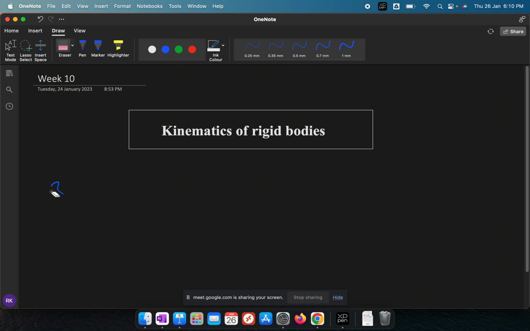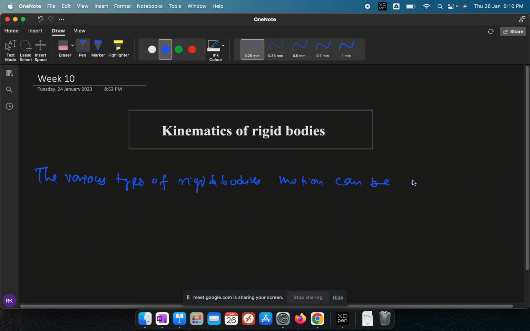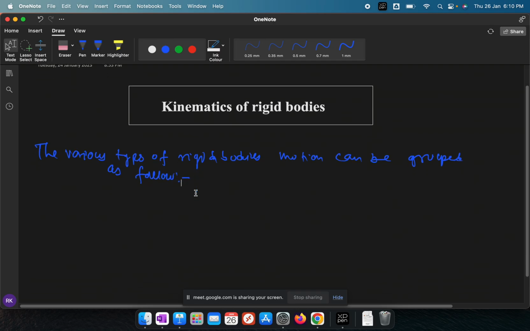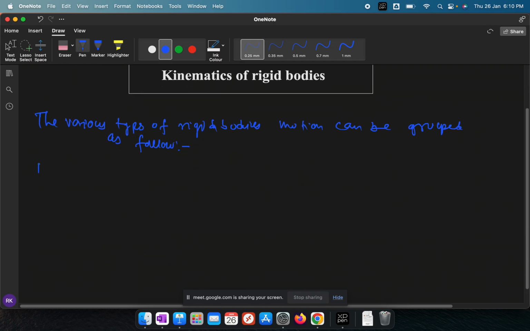The various types of rigid body motion can be grouped as follows. Okay, so what are those? The first one is translation.